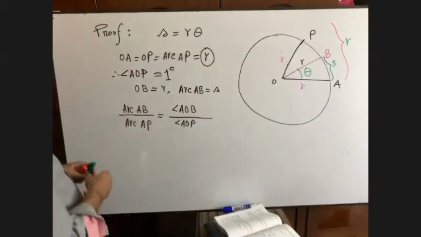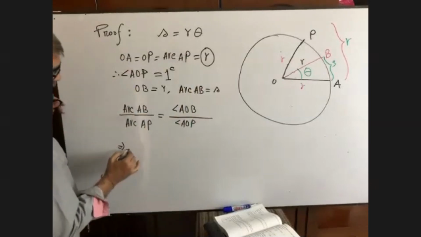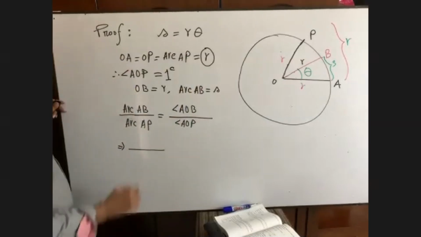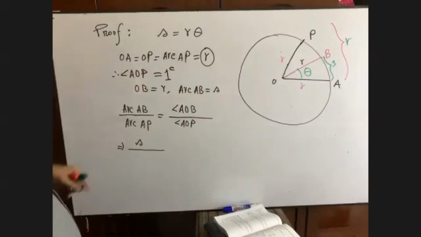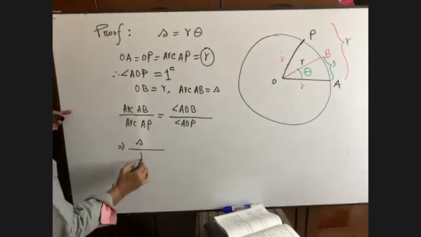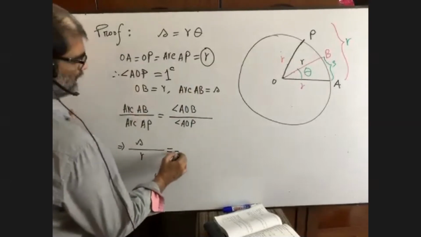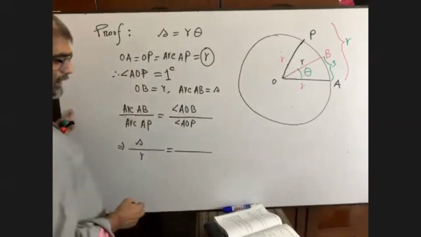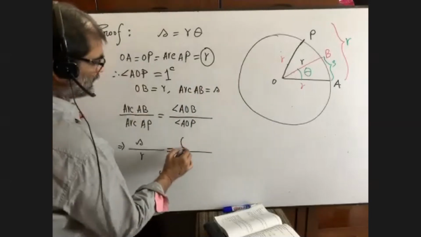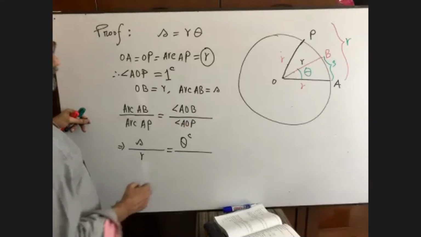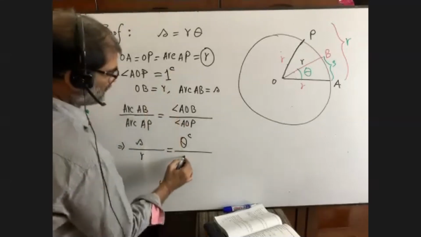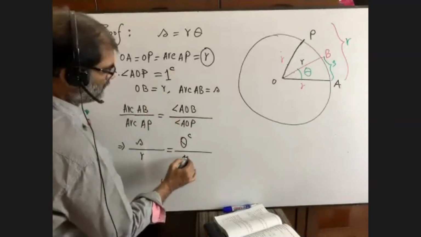Okay, now can we put the value here? What is arc AB? Arc AB is S. What is arc AP? Arc AP equals R. What is angle AOB? Angle AOB is theta radian. And what is angle AOP? Angle AOP is 1 radian.